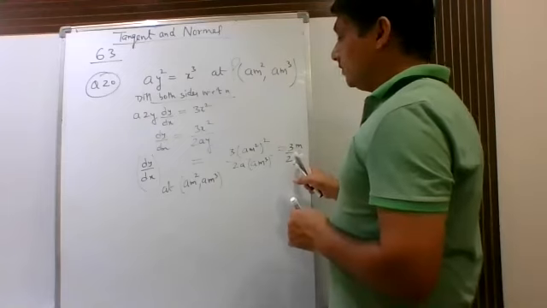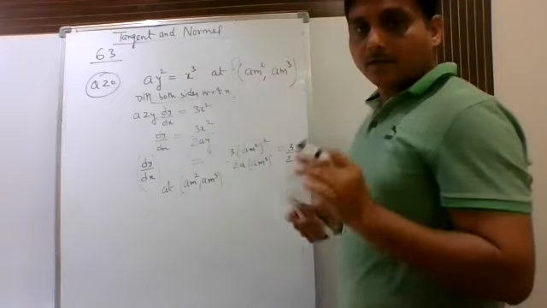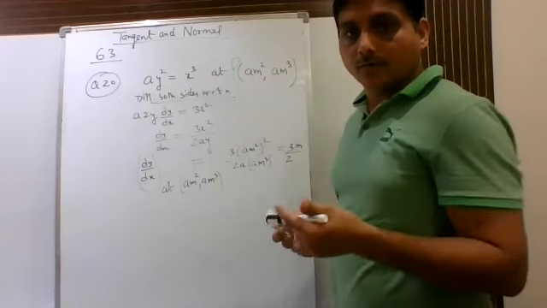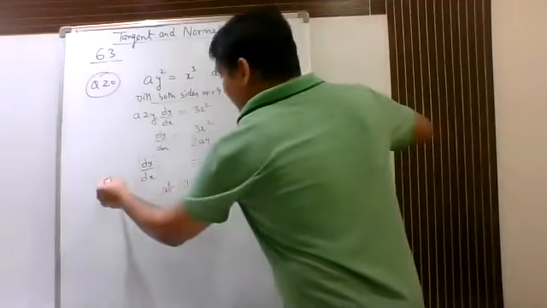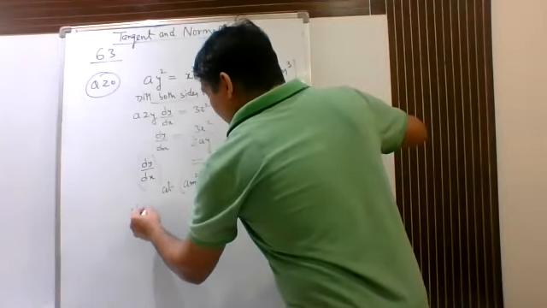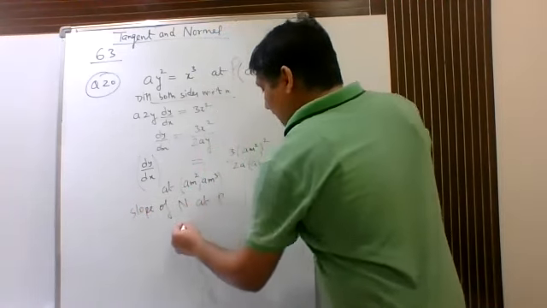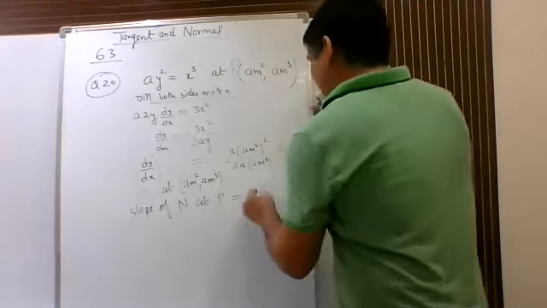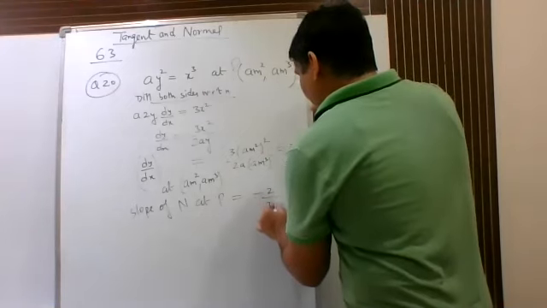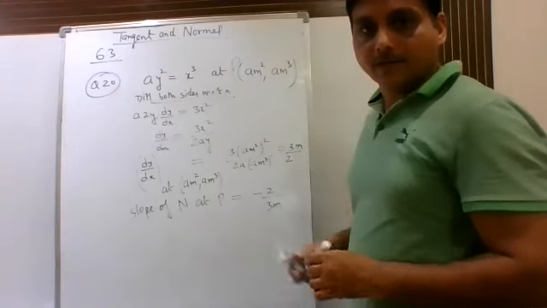Now this is the slope of the tangent at this specific point. Now we are interested in finding the slope of the normal. So this is your m1, the slope of tangent. So slope of normal at p will be equal to minus 2 upon 3m. So reciprocal with a negative sign. That is what we have taken.